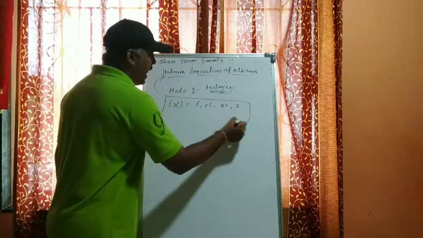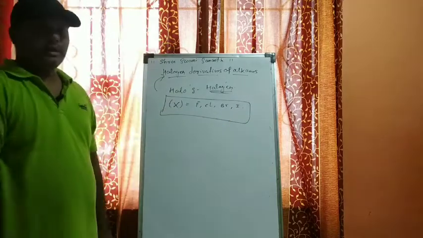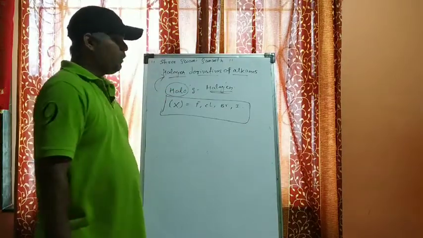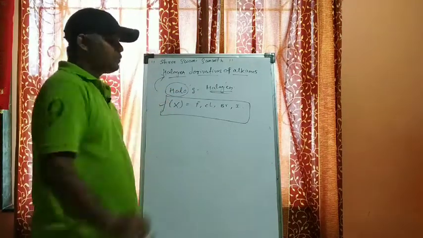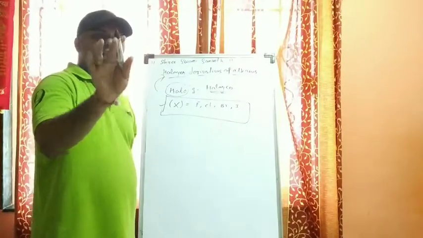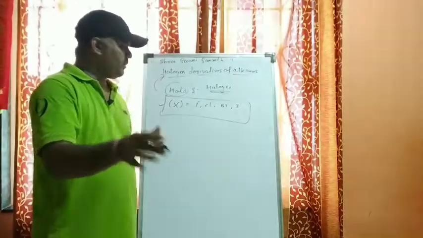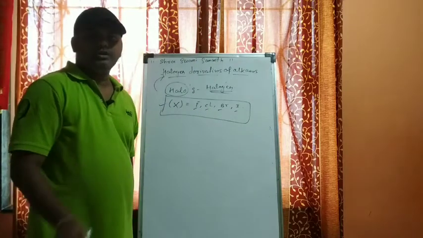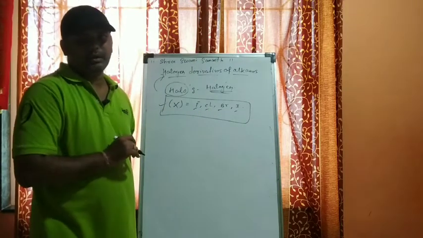Any halogen atom may be present, but it is represented by X. So remember, whenever you see X, some halogen group is present in the given compound.